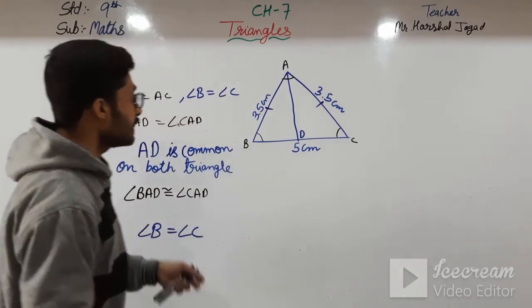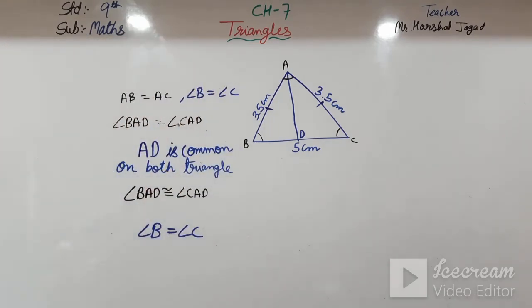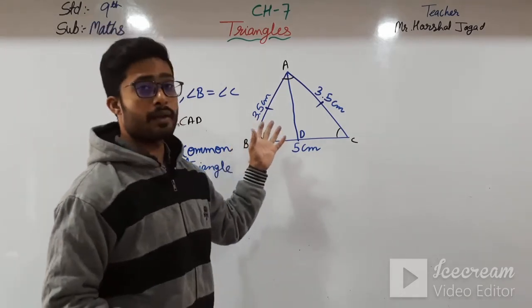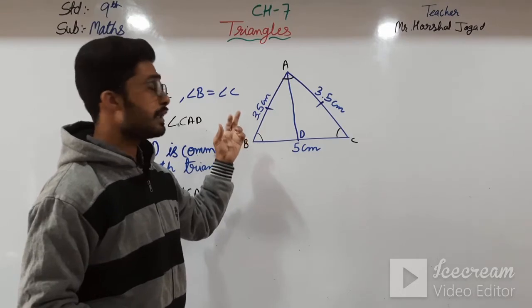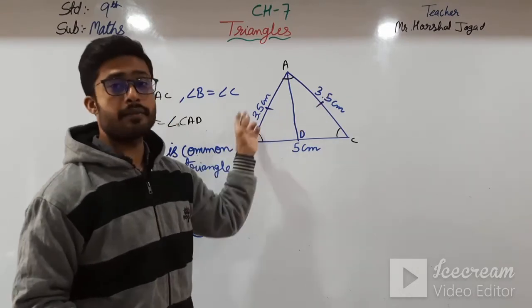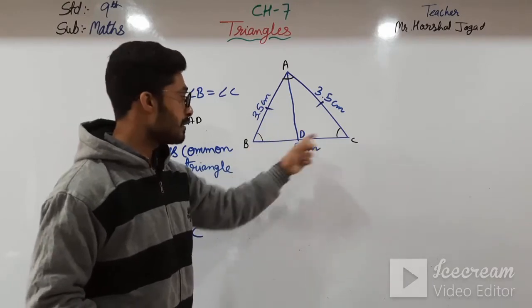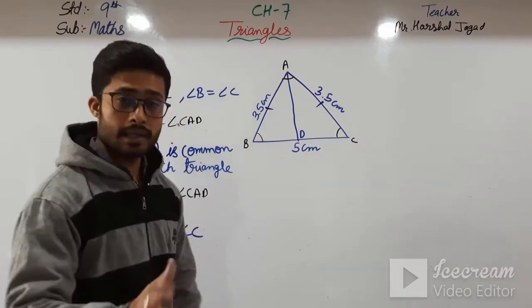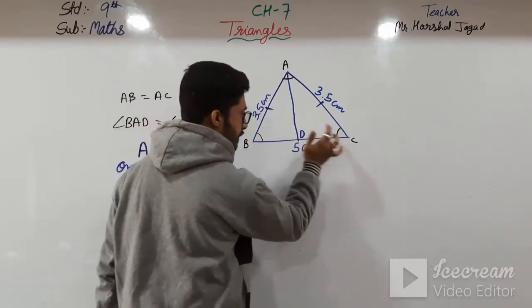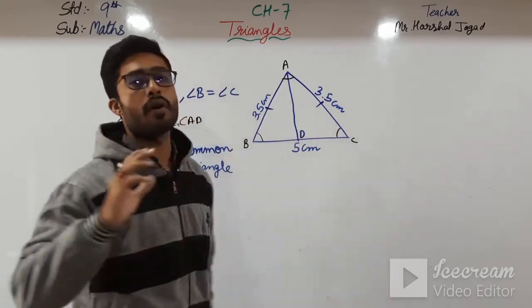Here, they have just stated the converse of the previous theorem. In the first theorem they told that if two sides of a triangle are the same, meaning it is an isosceles triangle like this, then the opposite angles are also the same. Now they are asking if two angles are the same, then are the sides the same or not.